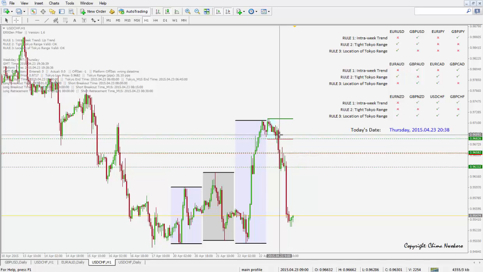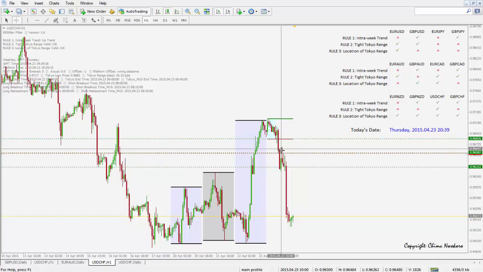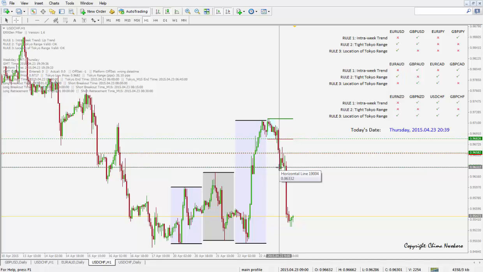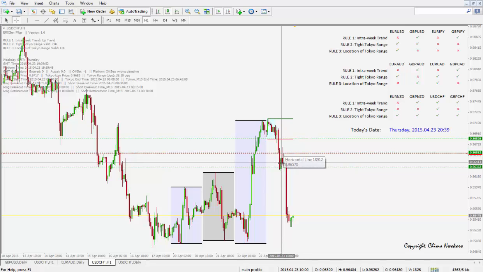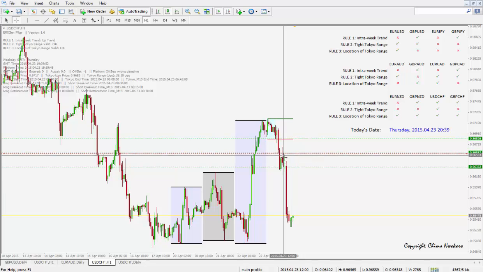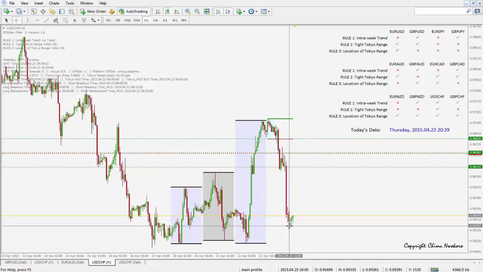Then on the 8 o'clock GMT bar, I closed another 25 pips and moved the stop loss to 25 pips from entry, and price went back up and hit my stop loss and took me out, and so I didn't partake in this rundown.